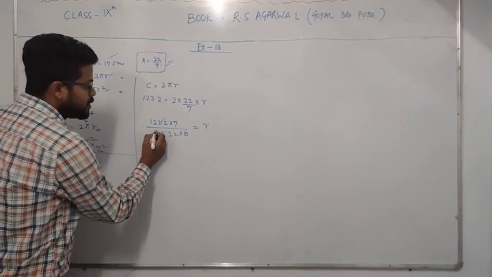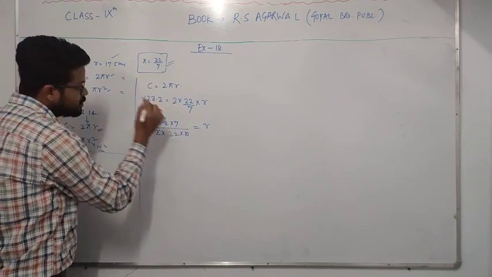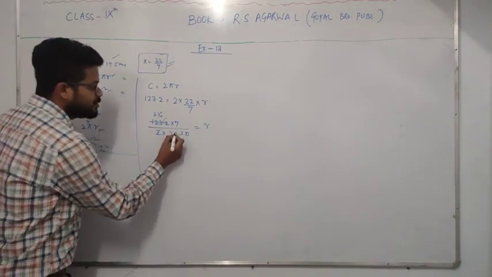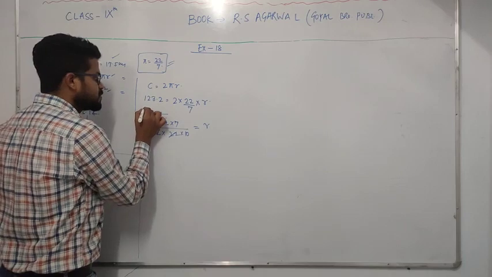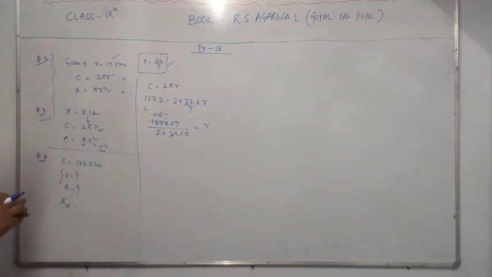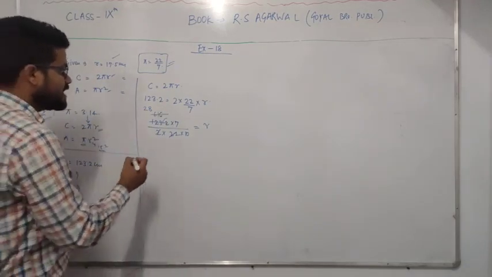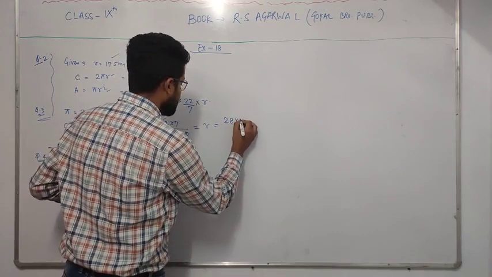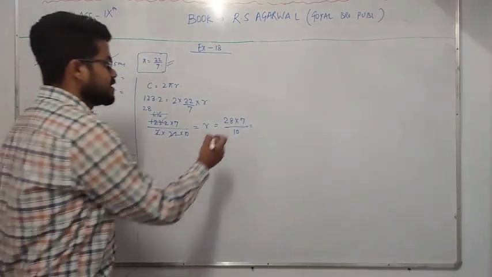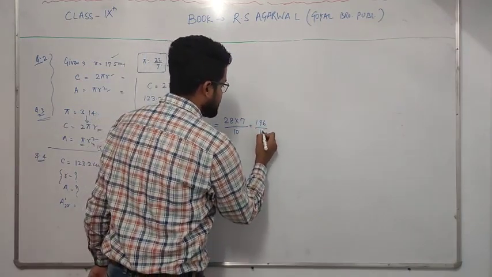Now simplifying 123.2 into 7 over 2 into 22, we get 176 in the numerator, which is 8 times 22. So this becomes 28 into 7 divided by 10. 8 sevens are 56, 7 twos are 14, and 5 makes 19, so 196 divided by 10.